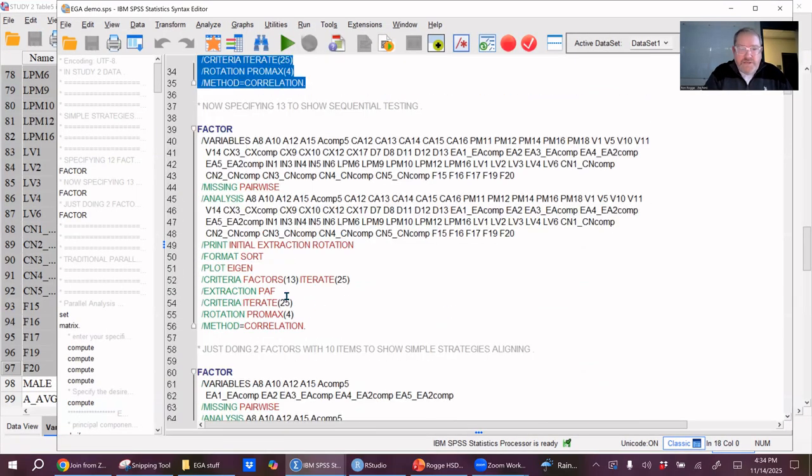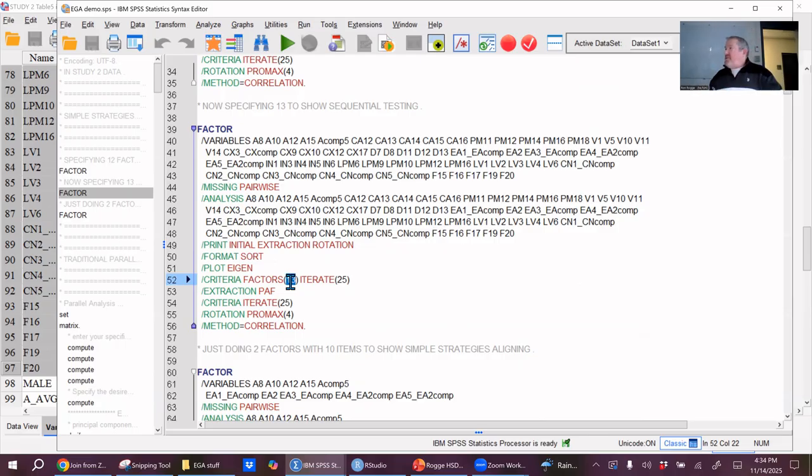To change it to 13, all I did is change this factors to 13 right here. If you wanted to use the Kaiser-Guttman criteria, which is not a bad idea for the first round if you don't know how many factors you're going to get, you would just change the word factors to min eigen and the number in parentheses to 1.